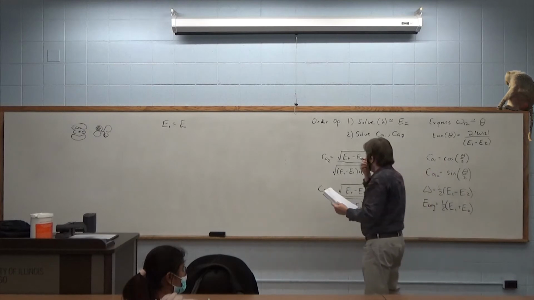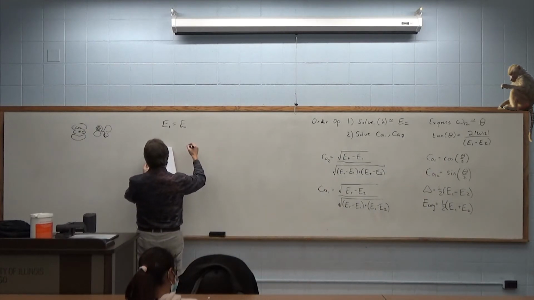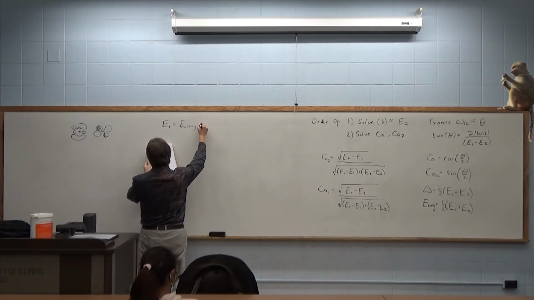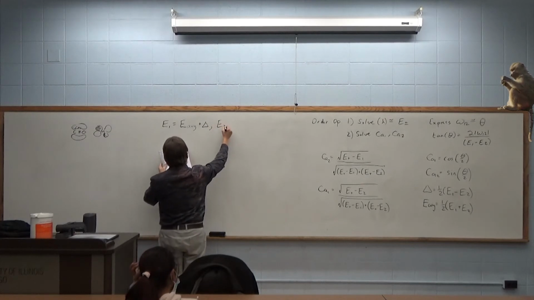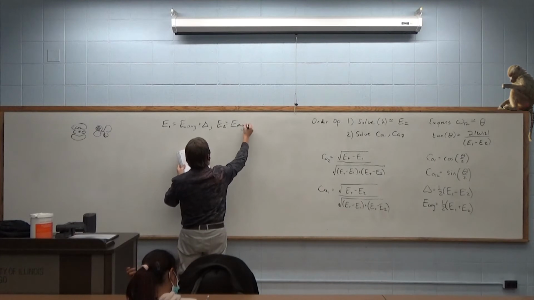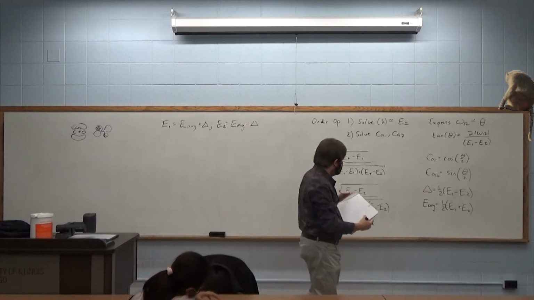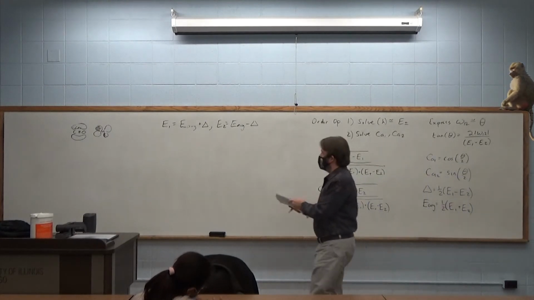So this graph is kind of easy to figure out, if you notice that E1 is the average plus the difference, E2 is the average minus the difference, and yeah, that completely adds up. That's correct.